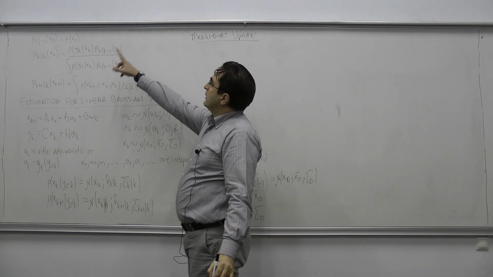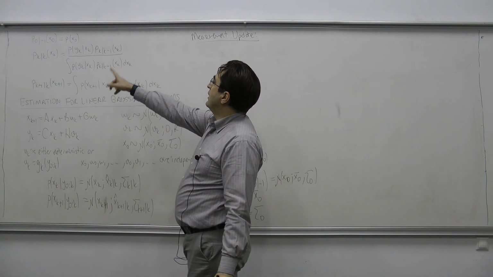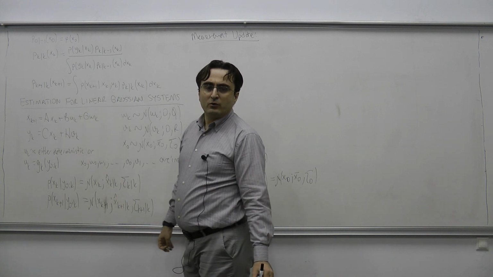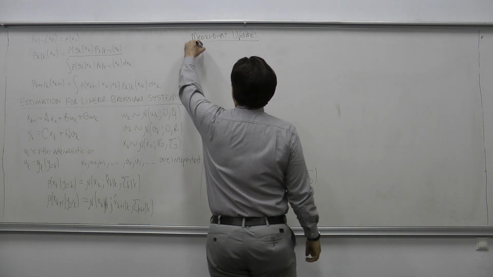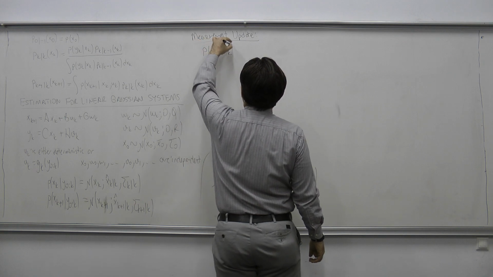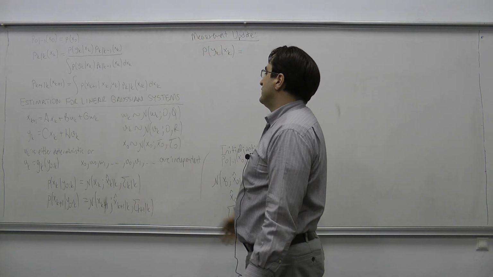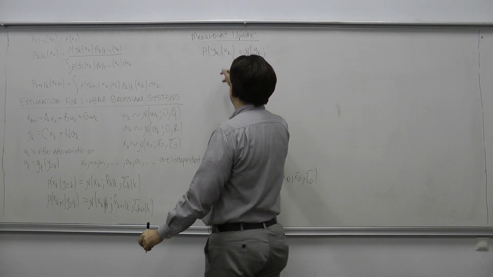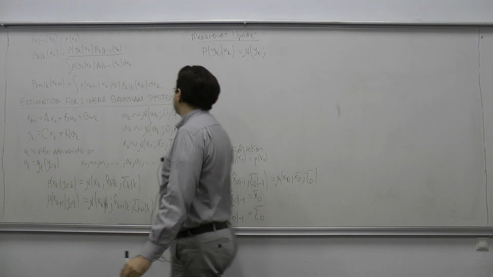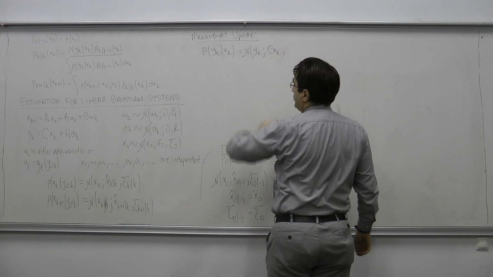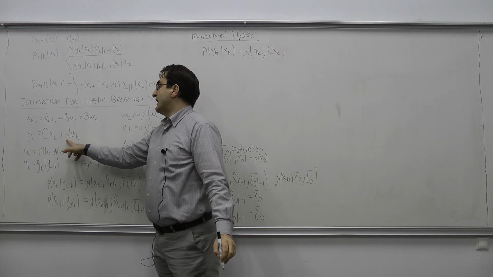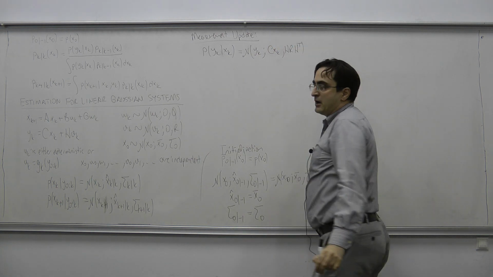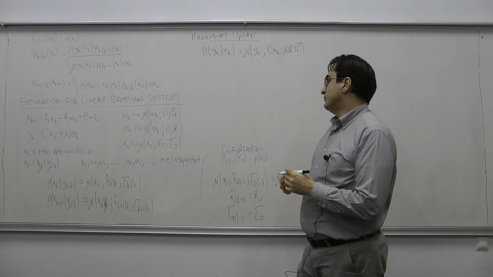Measurement update is this formula here, okay? And I know all of these distributions. Let me calculate the likelihood for this linear Gaussian system. P of yk given xk, the likelihood for our problem, is nothing but, again, a normal distribution, normal yk, and when xk is given, its mean is Cxk, and its covariance is the covariance of the remaining term, HRH transpose. So this is my likelihood for this problem.